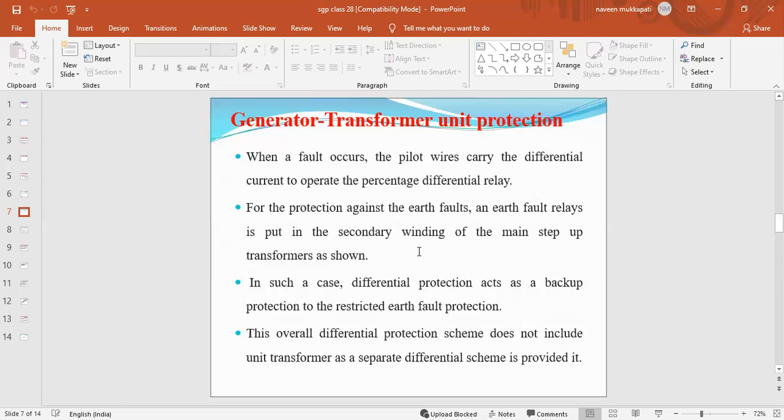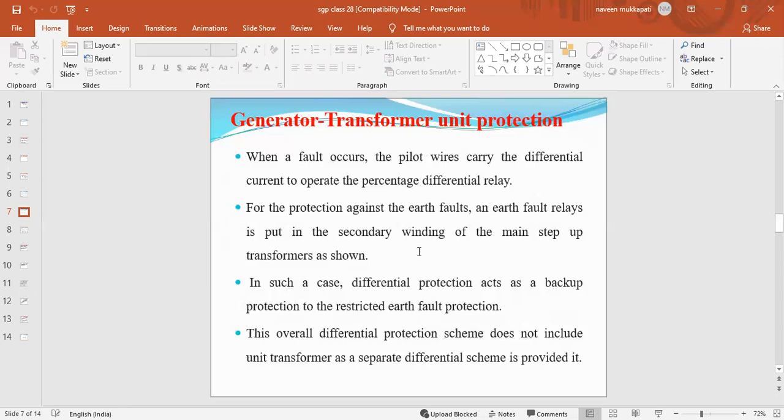In such cases, differential protection acts as a backup to the restricted earth fault protection. If only earth faults are obtained, the differential protection gives the backup protection for the restricted earth fault protection.